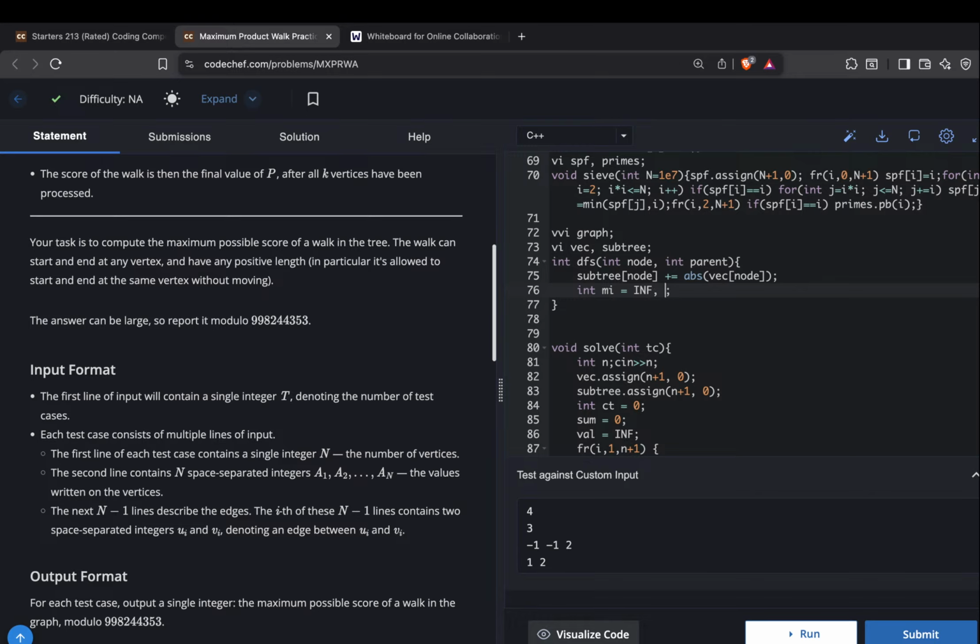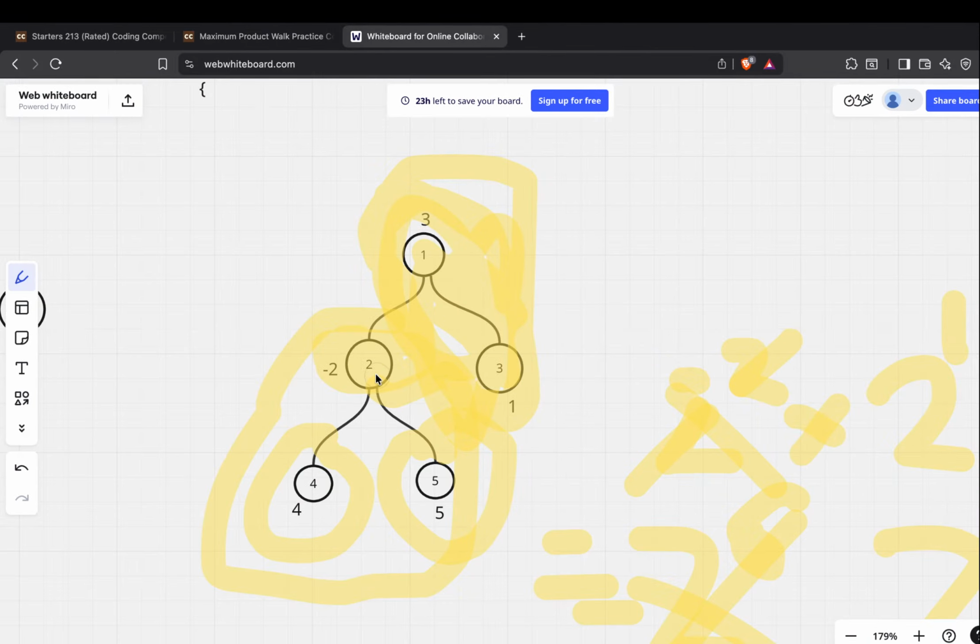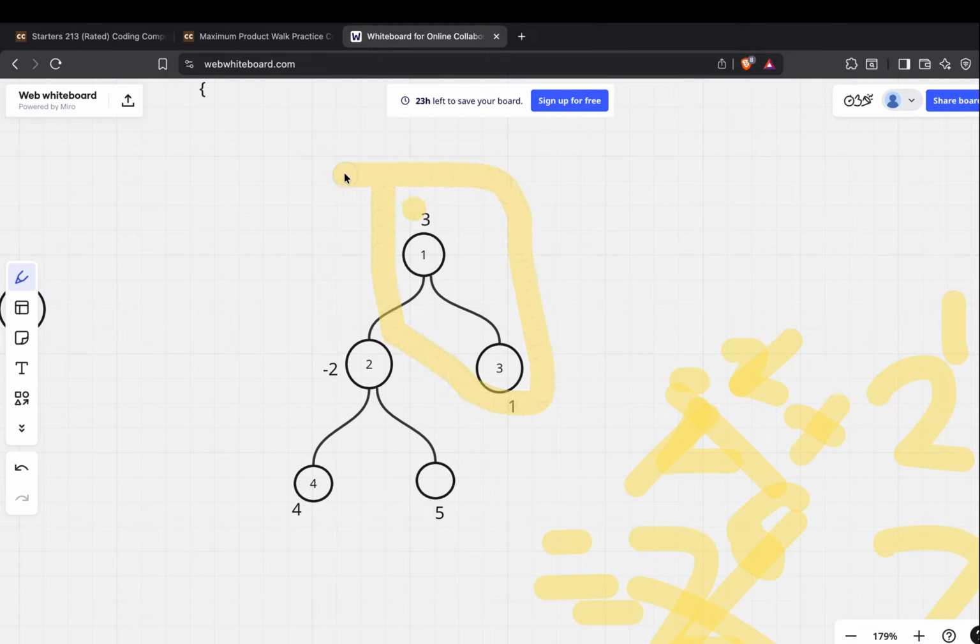So we calculate it using mi, let's say, and we calculate the maximum child. Why maximum child? Let's say we are removing this subtree, that is keeping this thing. If we want to keep this particular part, then this whole subtree is to be removed. What if we want to keep this particular part? Then this whole part needs to be removed. So this denotes the child with maximum value.